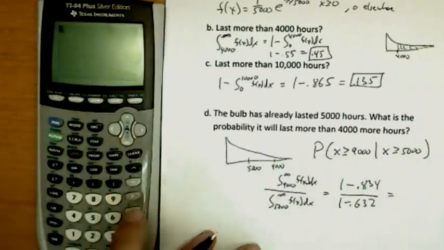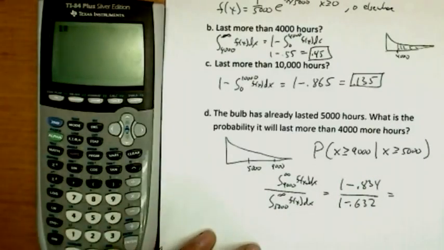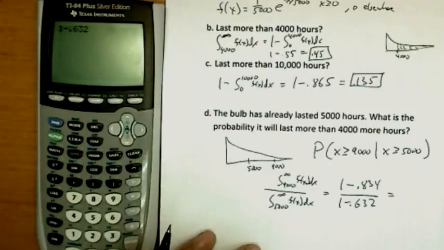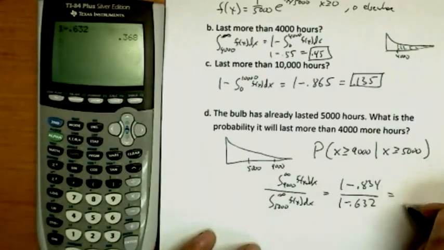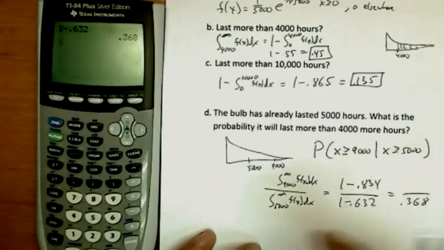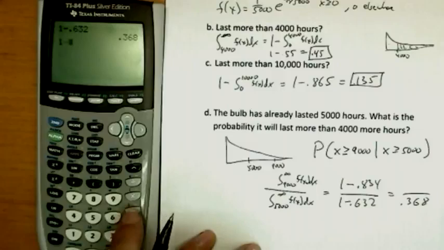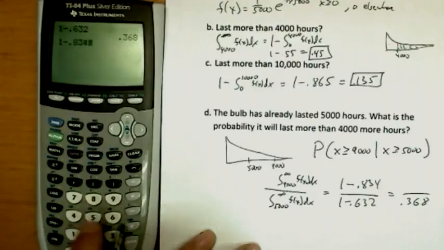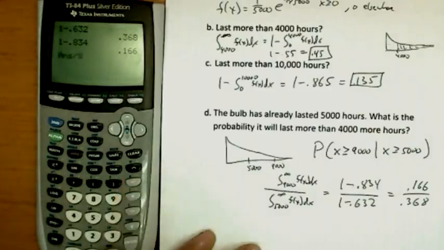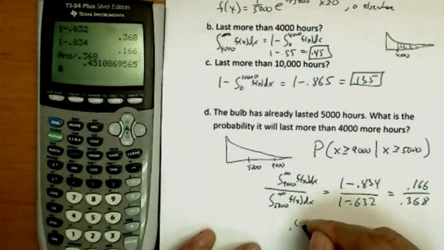So let's calculate these. 1 minus 0.632, and there's something wrong there, wrong minus. We get 0.368 on the bottom. And on top I have 1 minus 0.834 for 0.166. So divide that answer by 0.368 and I get 0.45.